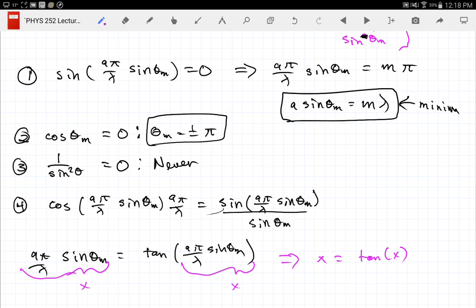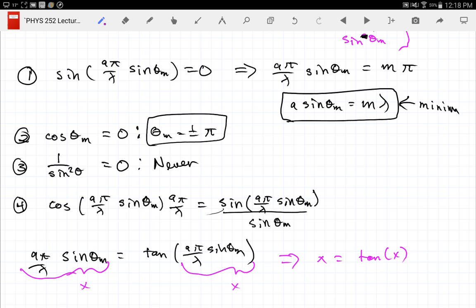And then we plot as a function of x. We'll plot x, so that'll just be a straight line, and we plot the tangent of x. And the places where they intersect, that's where you have the maxima. It will come as no surprise that no general physics book has an equation for the maxima, because it's really complicated, but that's how you do it.